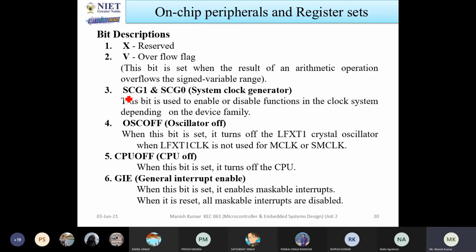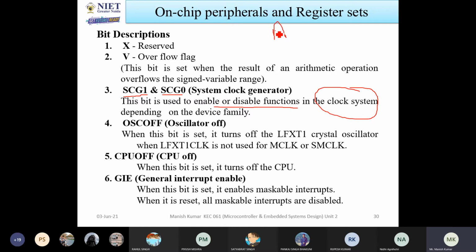Now we were talking about SCG1 and SCG0. This is called the system clock generator. What is the use of it? It is used to enable or disable functions in the clock system. I already told you this microcontroller has a clock system.